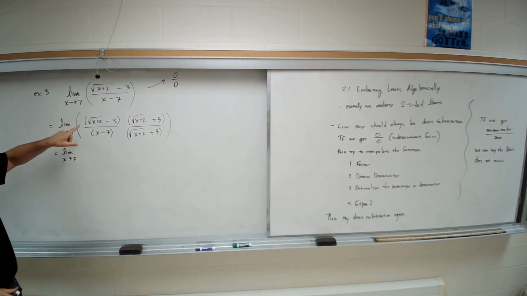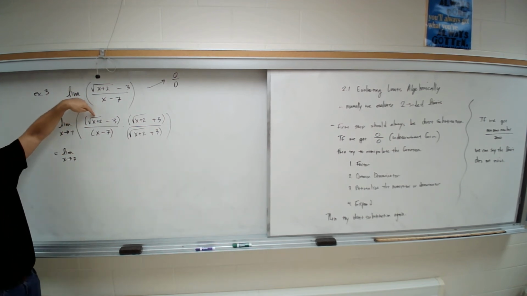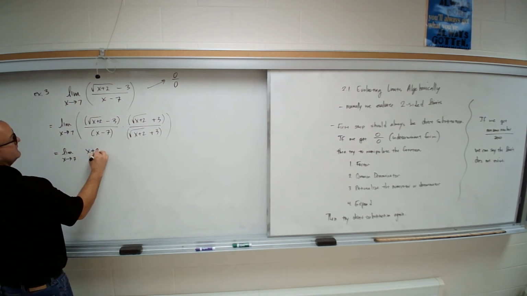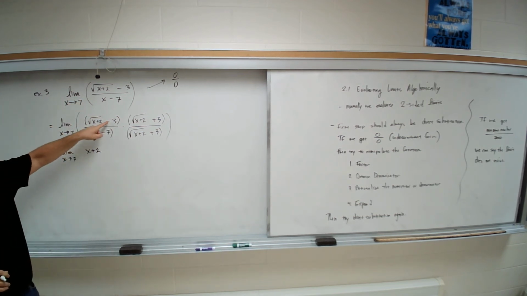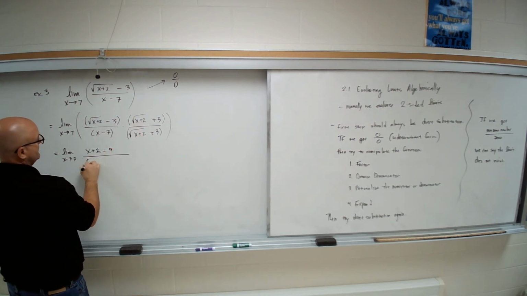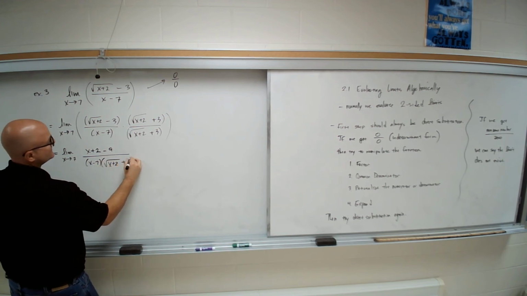So when we do this, this is a difference of two squares, right? A + b times a - b. If you square the square root of x + 2, you just get x + 2, and minus the square of 3 would be 9, over (x - 7) times (radical x + 2 plus 3).